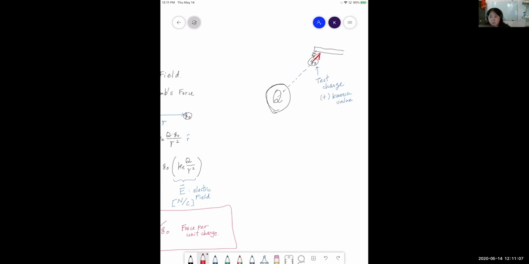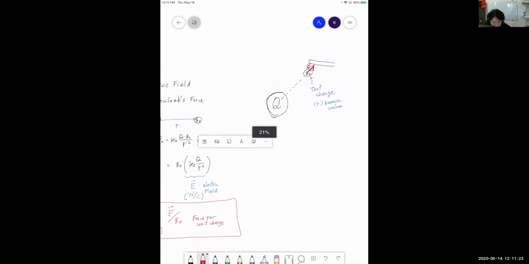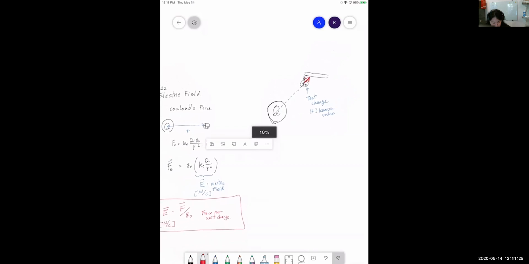That's the force on the Q naught due to the big Q. But you can also see that this force on the little Q naught is due to the electric field created by big Q. You see it like here, right?